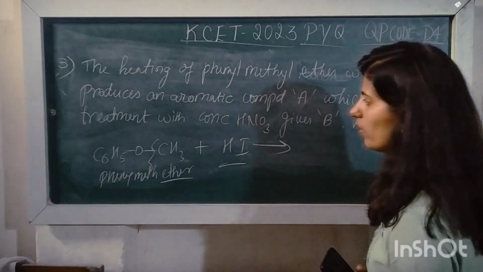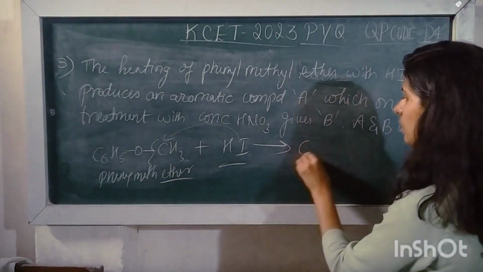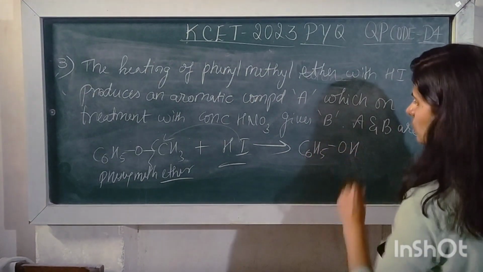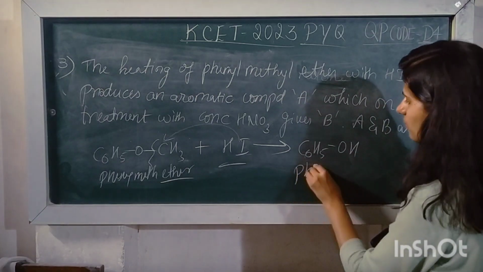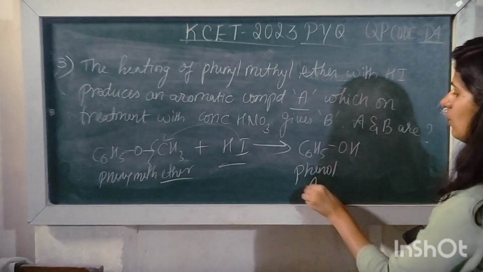Here this bond is going to break and hydrogen is going to add here. We get C6H5 and OH. What is this? Phenol. A is phenol.